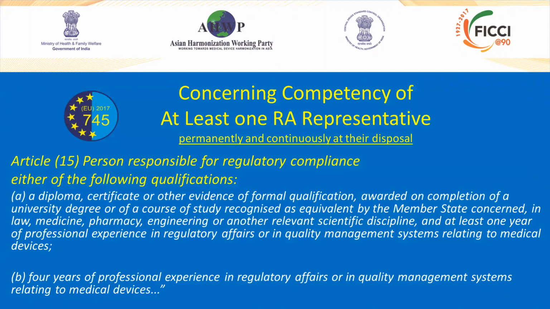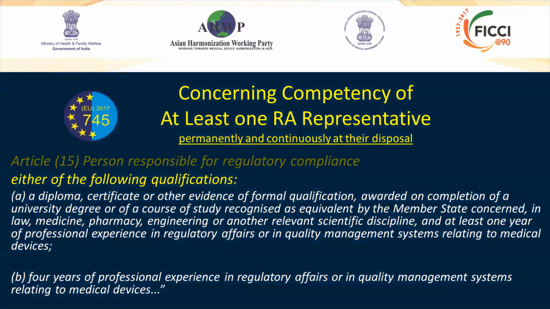So we're looking at people having to have higher education if they're going to act in the role of a regulatory affairs representative for a company. They can, if they have enough experience, that also counts. So more education allows for a little less experience. If you have a lot of experience, you're likely to have more competence. So those are the things that they're really looking for in terms of competence and meeting the new regulation.